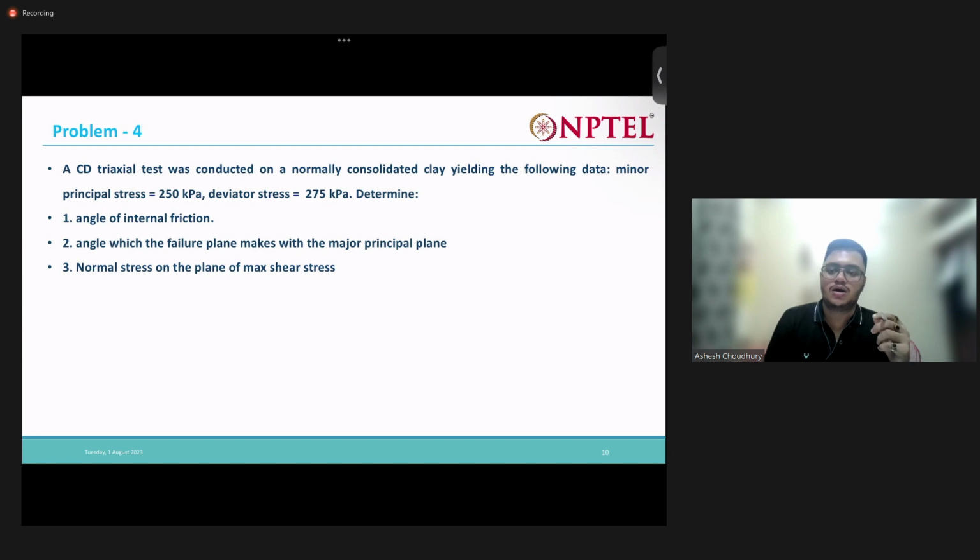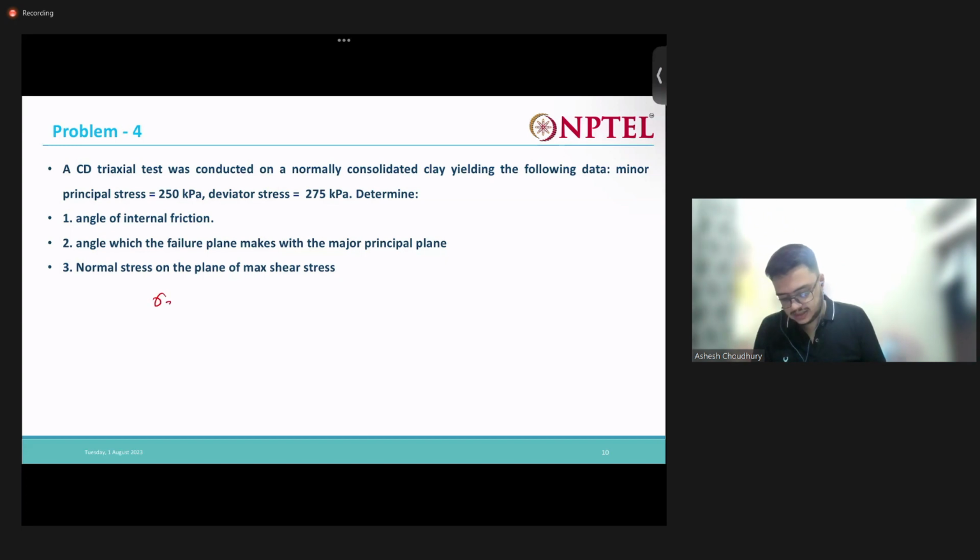Now, this sigma 3 is given to us as 250 kPa, and the deviator stress is given as 275 kPa. The sigma 1 will be sigma 3 plus the deviator stress, which is 525 kPa.